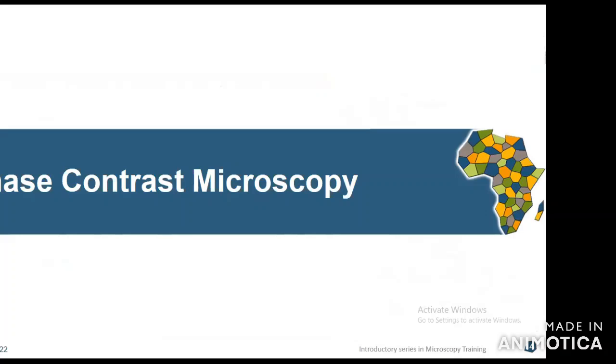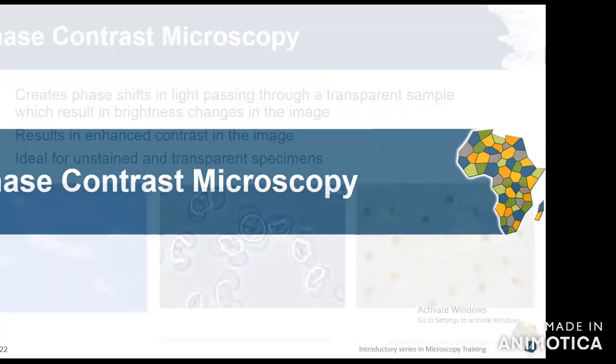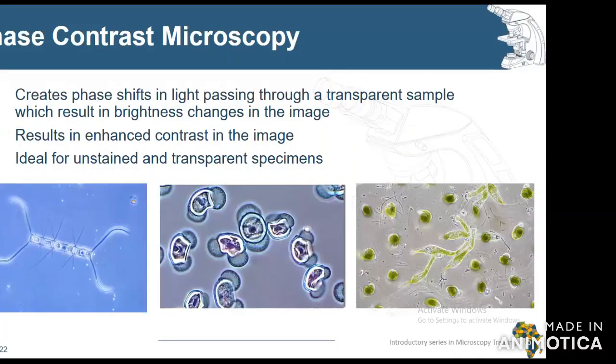Now, talking about phase contrast microscopy. It is an illumination technique that normally translates phase shift in the light that is passing through a sample into brightness changes in the image.